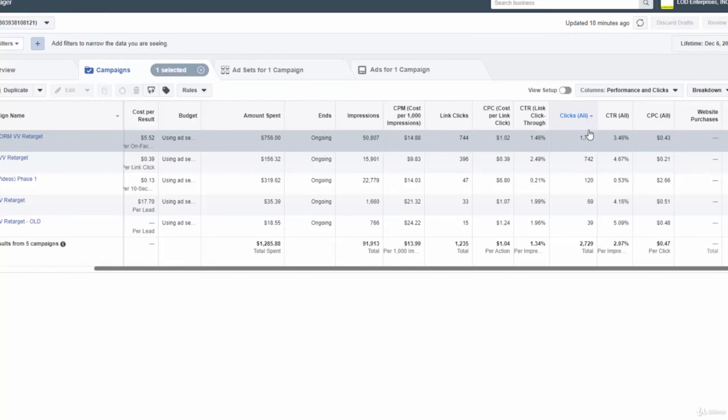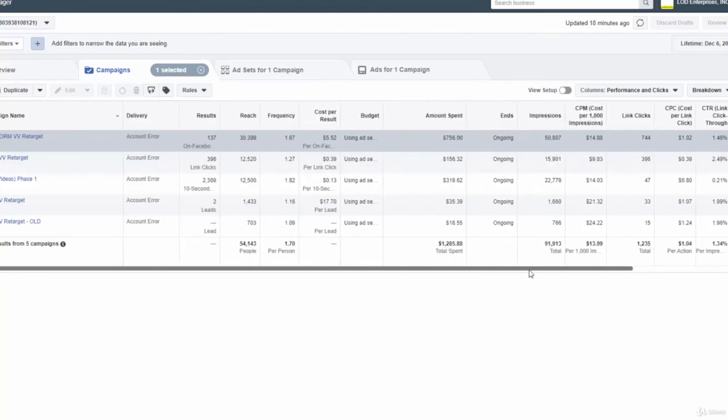The most accurate data that we want to make sure we're tracking is the actual CPC, click-through rate, right? These right here. And then the actual cost per result. Not the "all" ones, because this is going to tell us if somebody clicked somewhere on the ad but didn't actually go to the landing page. So you'll notice here that the clicks "all" is obviously a lot more than the actual link clicks here. So this is the data that you're going to want to make sure you're keeping track of.